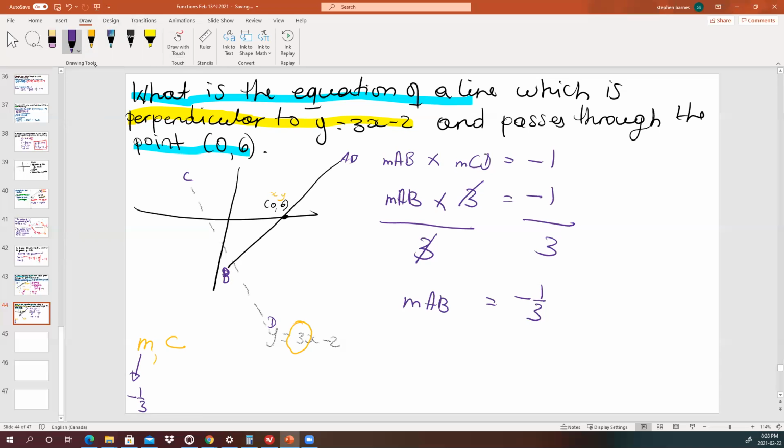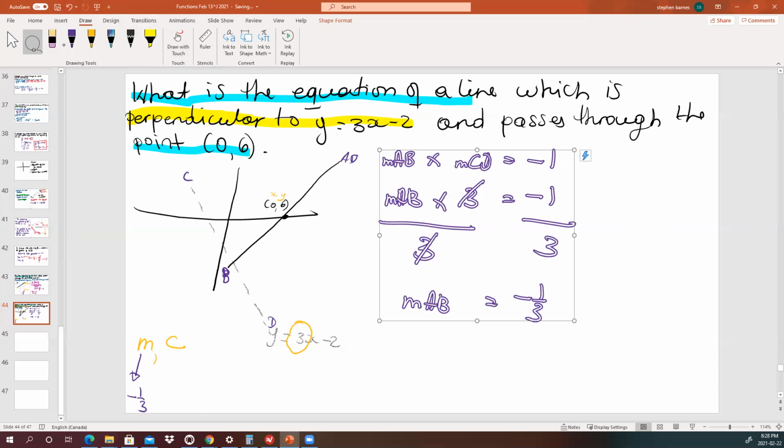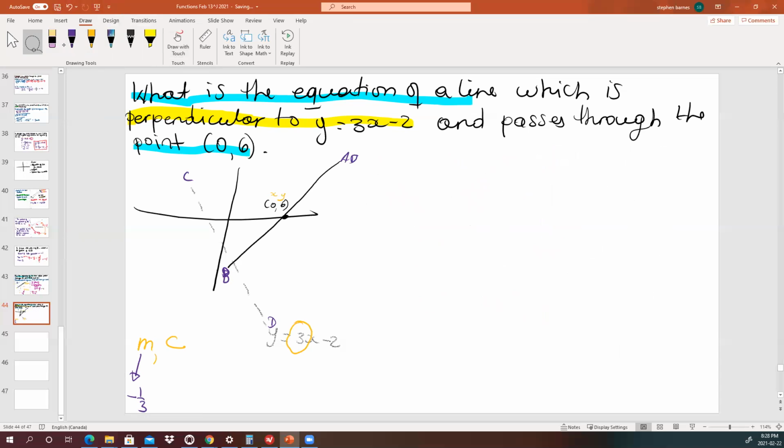Now I'm going to find c by substituting my gradient in the equation of the line. I'm just going to erase this to have some space. To find c, I'm going to write out the equation for any line, y equals mx plus c. Applying it to this particular line, I have some information.